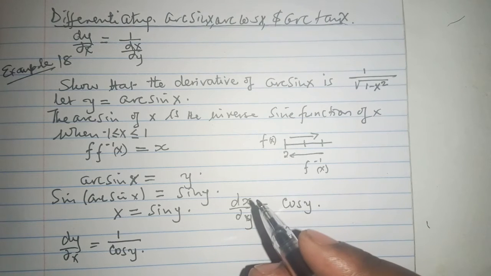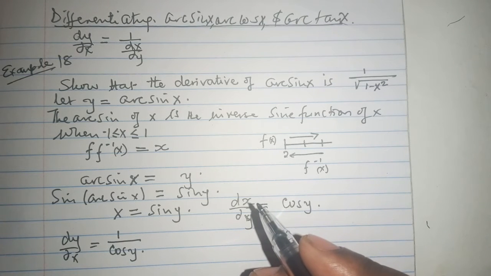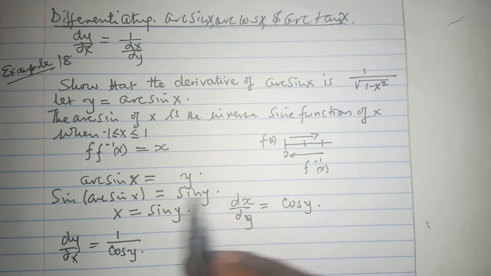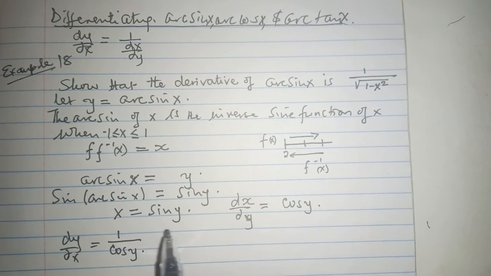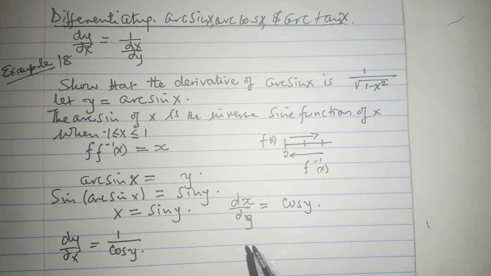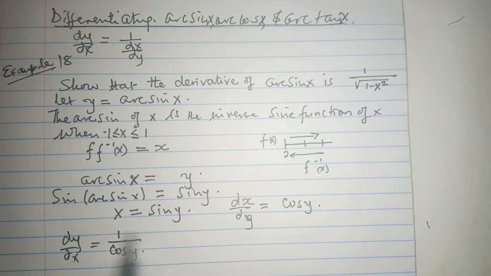What we need to do is look for a trigonometric relationship that will relate the cosine of y and x. We need to make the cosine of y the subject of the formula. Of course, we have x equals sine y.